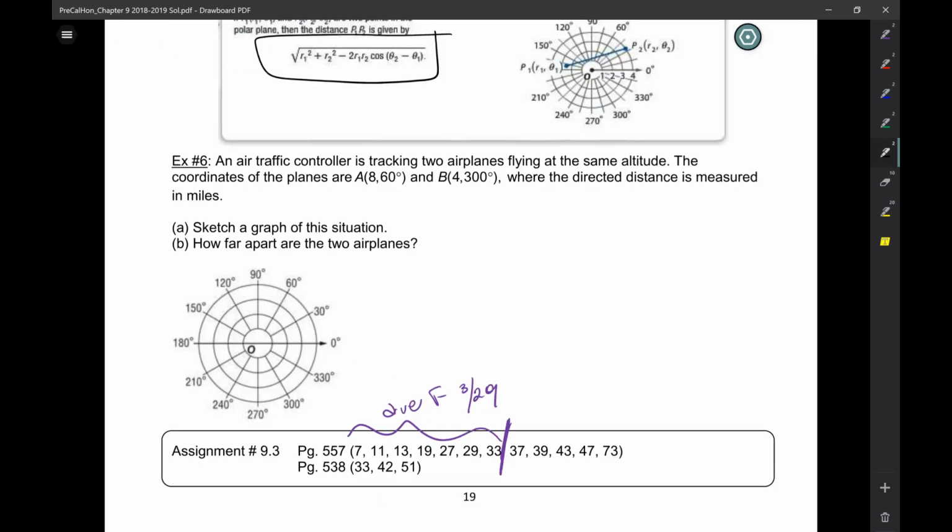So take a look here for a minute. An air traffic controller is tracking two airplanes flying at the same altitude. The coordinates of the planes are 8 and 60 degrees, so we're going to go by 2's. So that's plane A. And B is at 4 and 300.